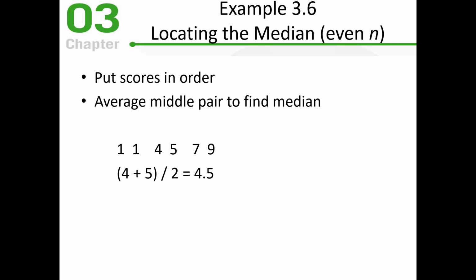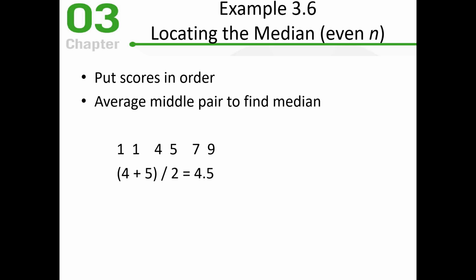When there are an even number of scores, finding the median gets a little more tricky. The steps are the same for finding the median for odd numbers, but there is an additional step at the end. In this example, we have 6 scores: 4, 1, 7, 9, 1, and 5. The first step is to put these scores in order: 1, 1, 4, 5, 7, and 9. When we put the scores in order, notice there are 2 right in the middle.